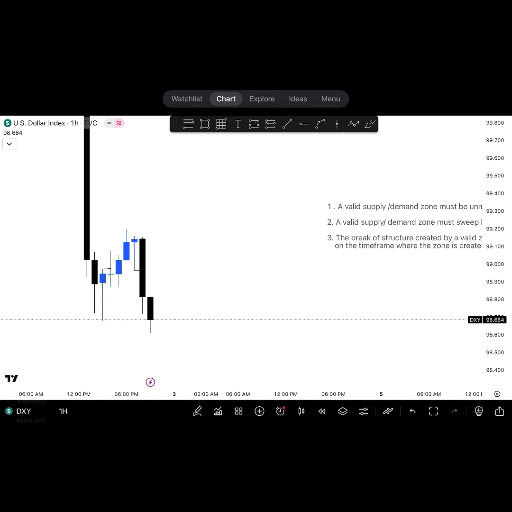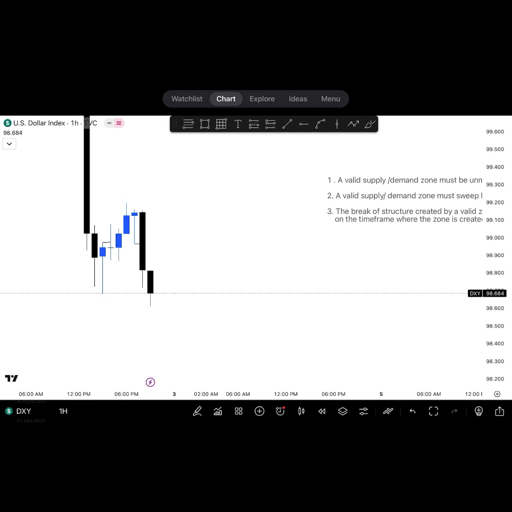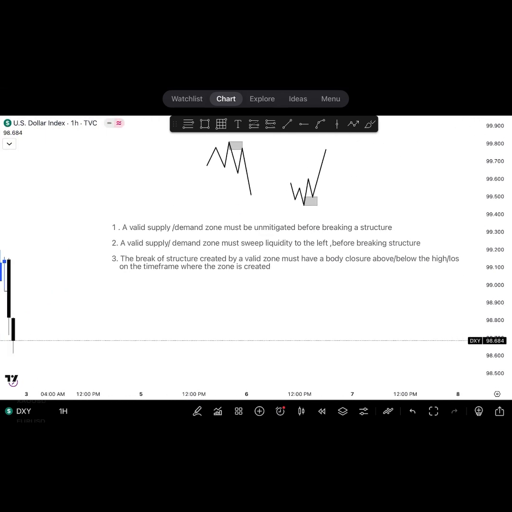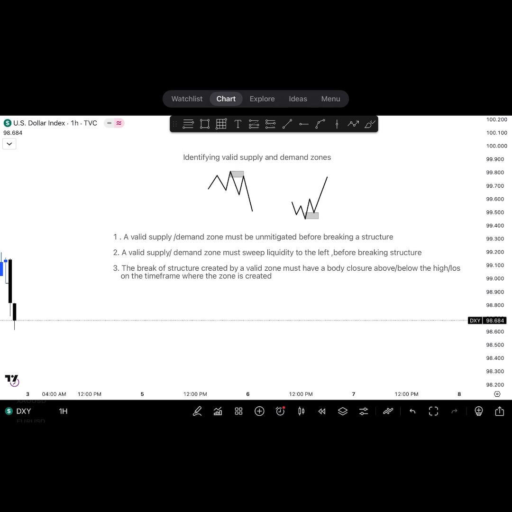If it is weak, there is every probability price is still indecisive. But a strong body closure above it indicates that the momentum has stepped in, and price really wants to use that zone to continue buys or sells. I don't know if you get my point.